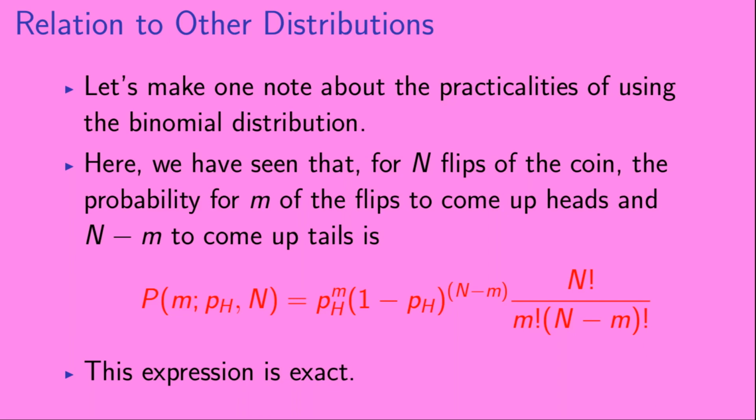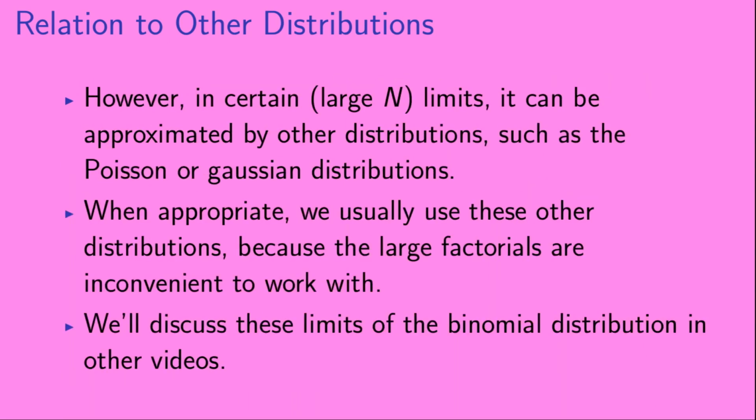Now, this expression is exact. However, in certain large n limits, it can be approximated by other distributions, such as the Poisson or Gaussian distributions. When appropriate, we usually use these other distributions because the large factorials are inconvenient to work with. We'll discuss these limits of the binomial distribution in other videos.